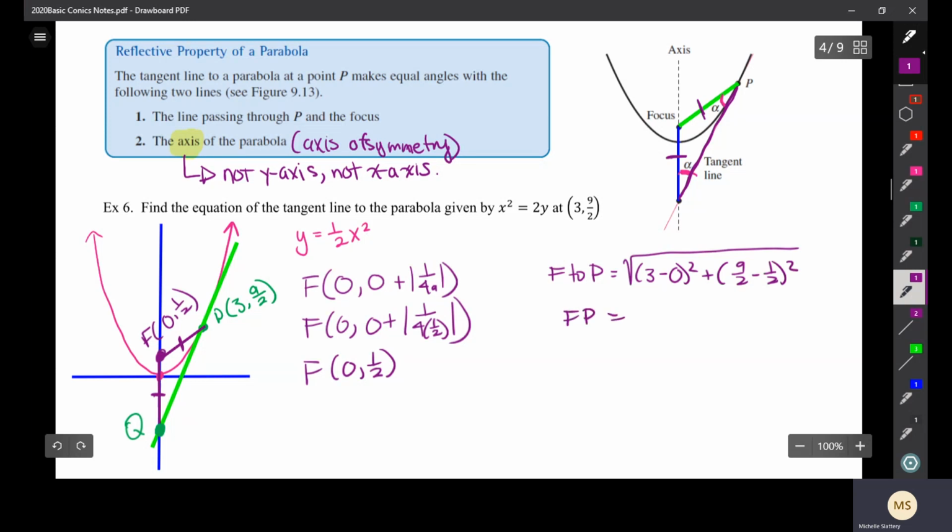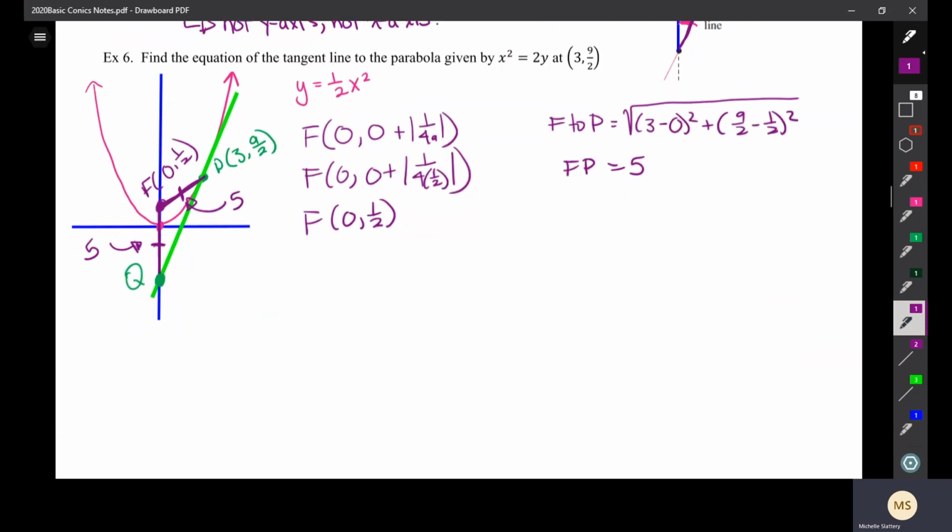So the length of FP, when you calculate that, you end up getting 5. So here, this length is 5 units, which means then that the distance between F and point Q is 5 units. And that's going to go straight down. So this length here is also 5 units.